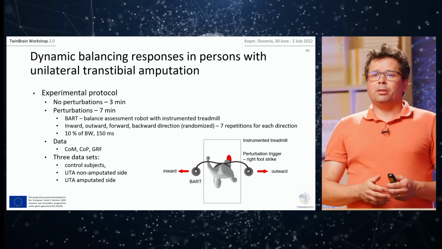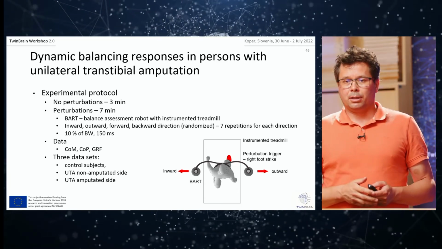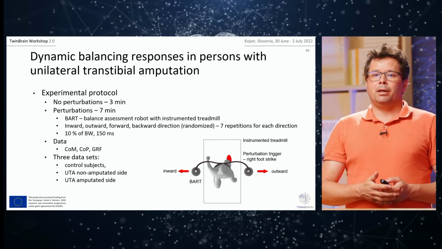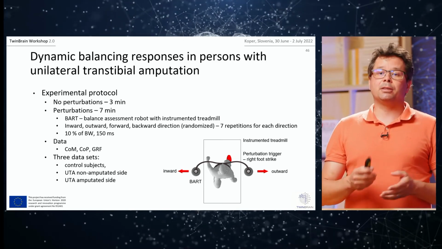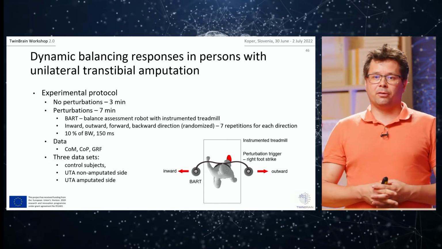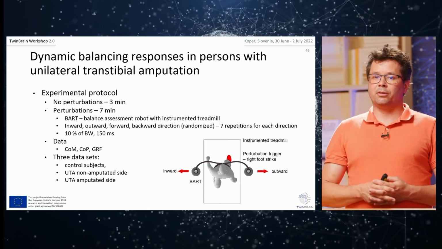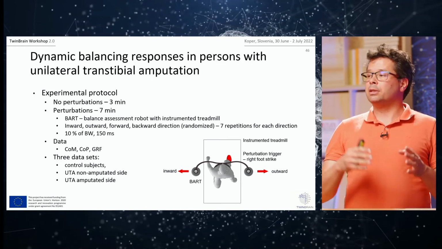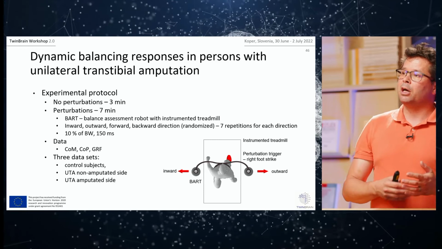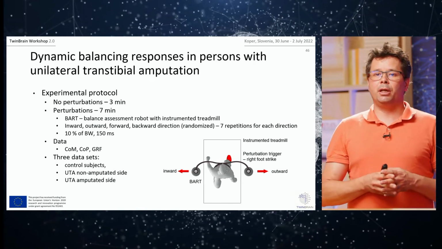So the experimental protocol was as follows. The experimental session began with 3 minutes of unperturbed walking, then 7 minutes of perturbations. We used our balance assessment robot, the same robot that was used in the first case for the long-term perturbation training.